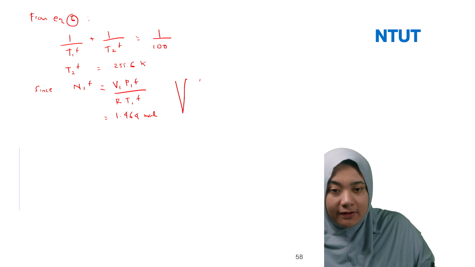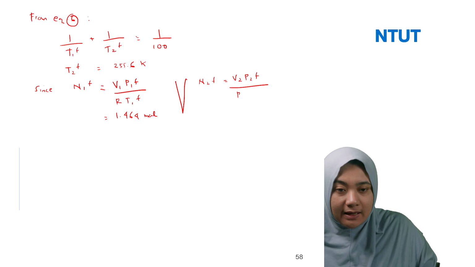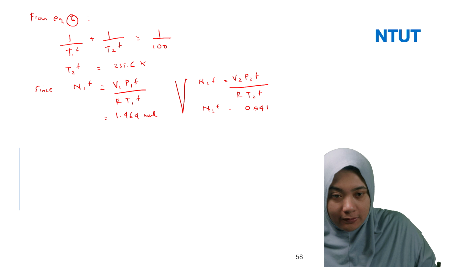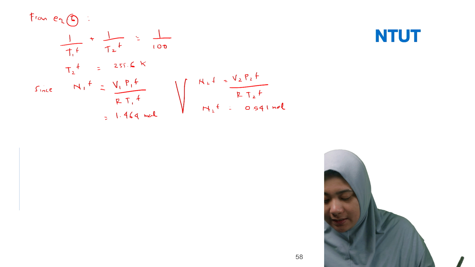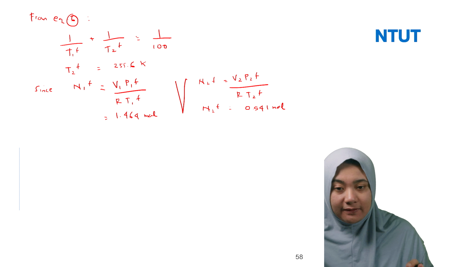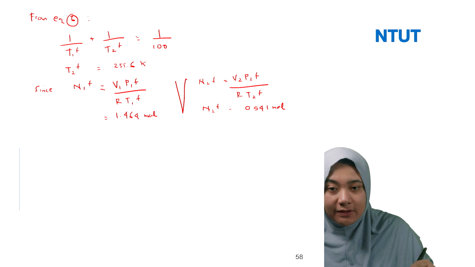The same for the N2F, you need to calculate V2 P2F divided by RT2F. So here you will get N2F equal to 0.941 mole. Okay, so this is for the ideal gas.